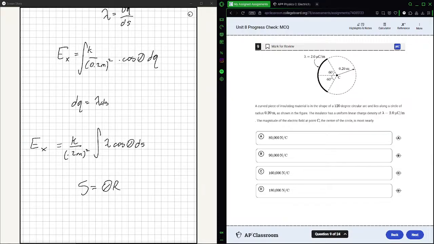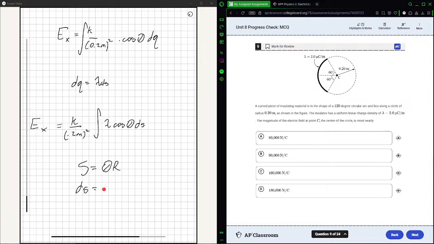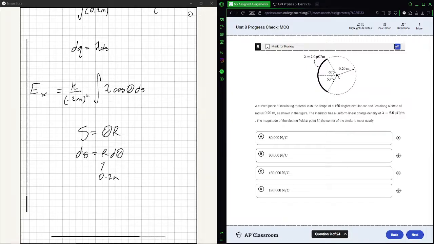Anyways, S equals theta R, so ds is R d theta, but this big R is the constant 0.2 meters we're given. So ds is 0.2 meters d theta. Now we finally have this in terms of d theta.